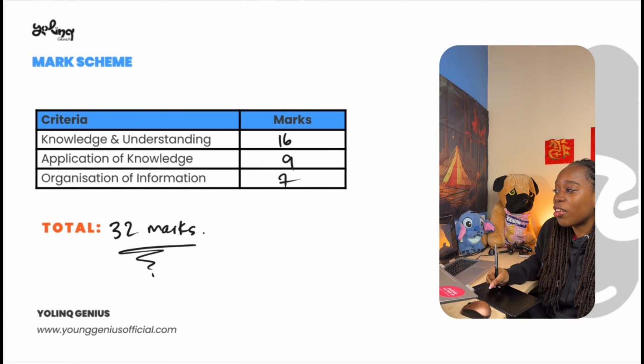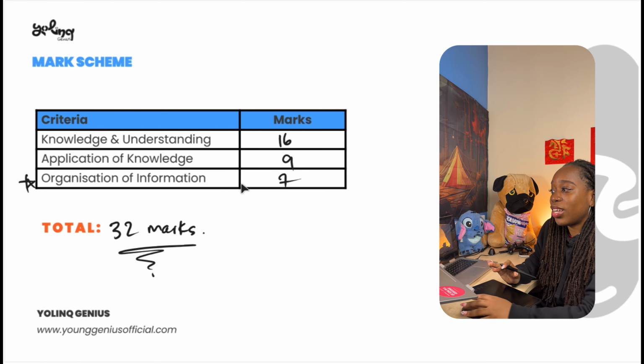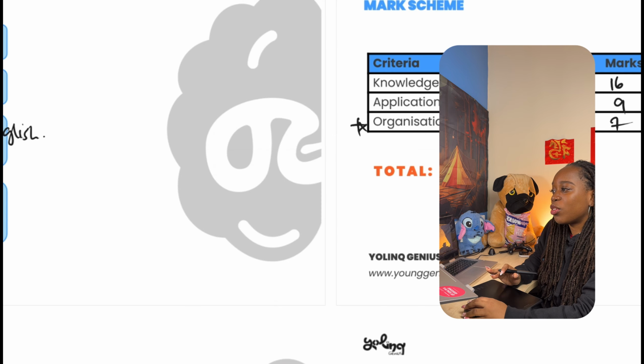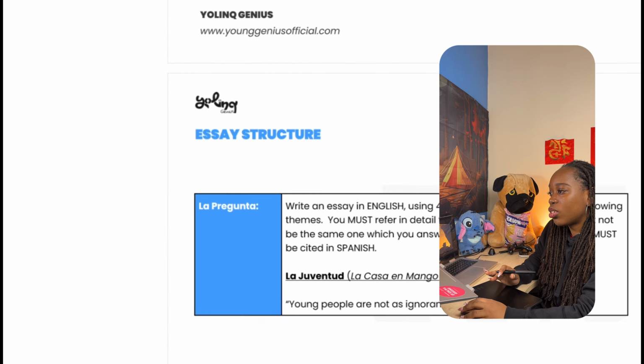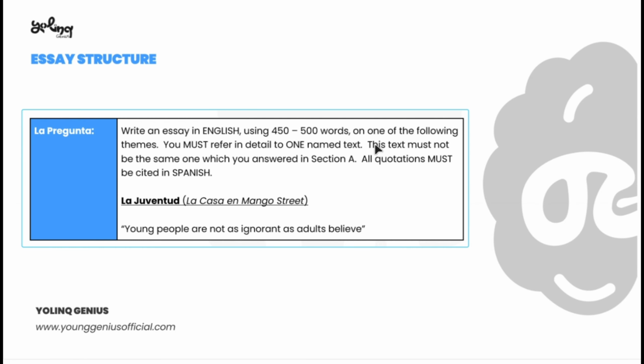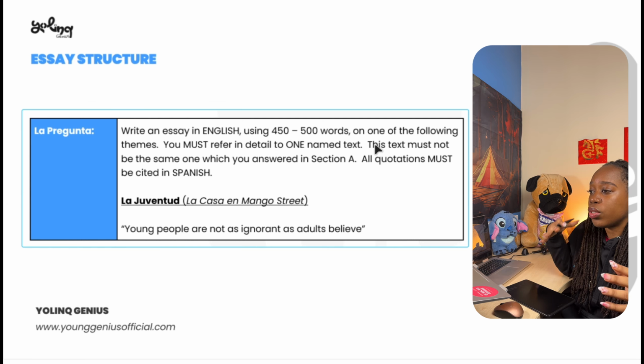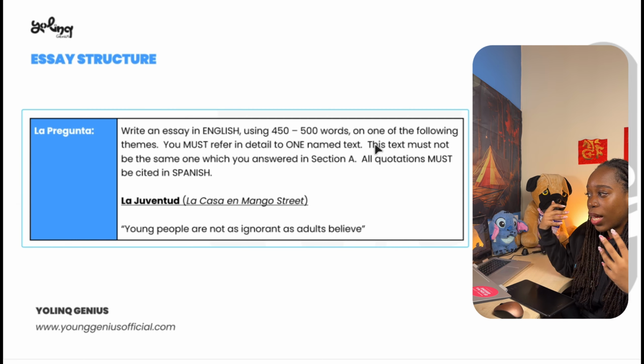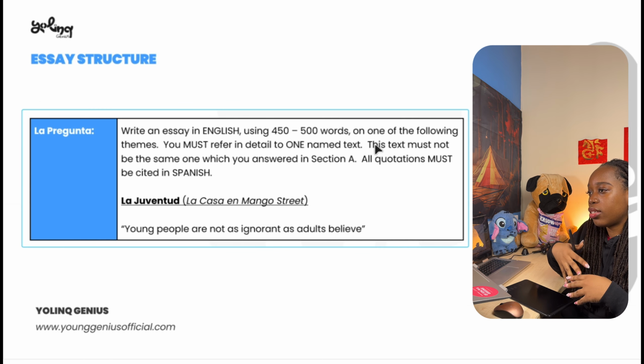And since I've spoken about organization of the information and left that for last, I can now talk about the structure of the essay and how you want to go about doing that. So I'm going to show you an example of how I did mine, and of course remember the full essay is linked on my website in the description box below, where I'm going to walk you through the major important parts of your essay.